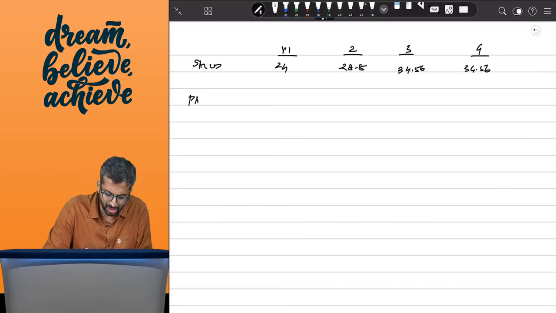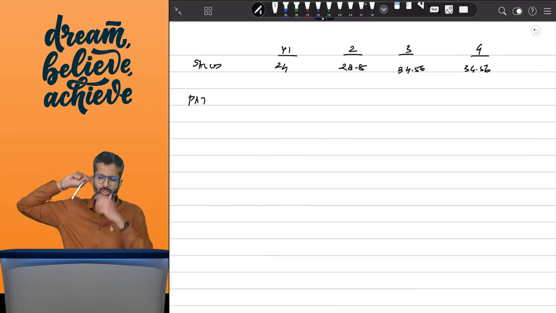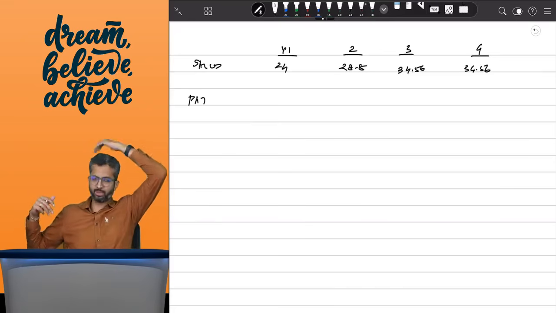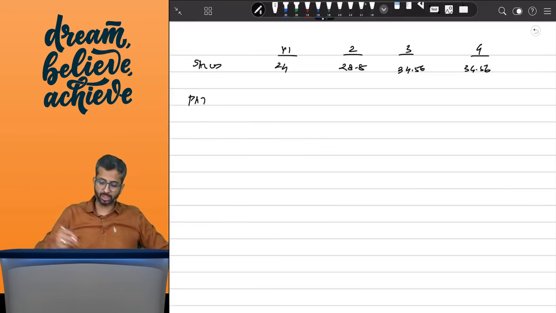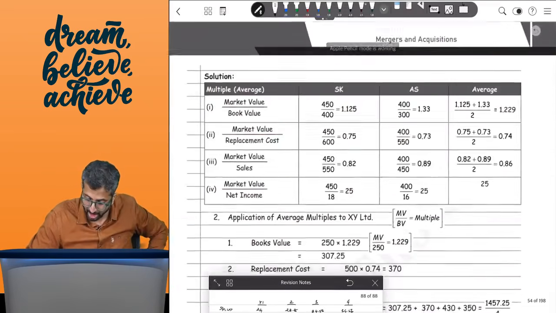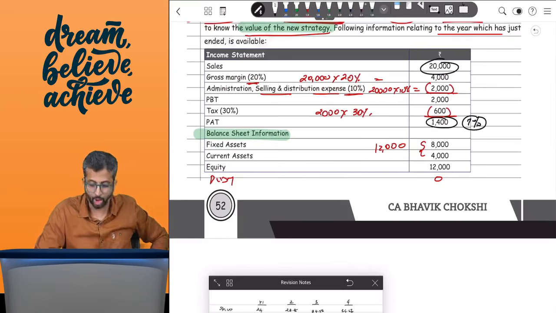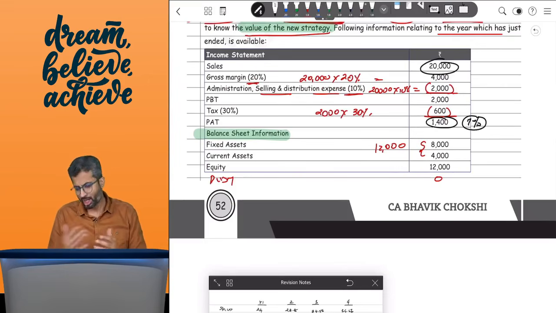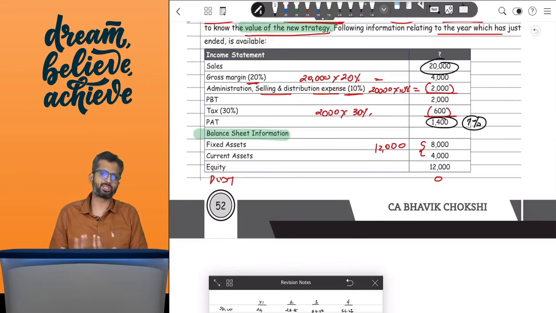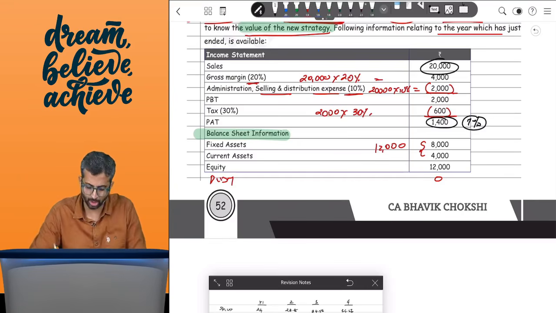Now PAT, if I go to see, my gross margin is going to remain the same, my expense percentages are remaining the same, and my tax rate is remaining the same. So what is my existing PAT? My existing PAT is 1400 on 20,000 sales, that is 7%. Now if my gross margin remains the same, assuming my admin and selling expenses are also a percentage of sales, they remain the same, and my tax rate also remains the same, so my PAT percentage will also remain the same.